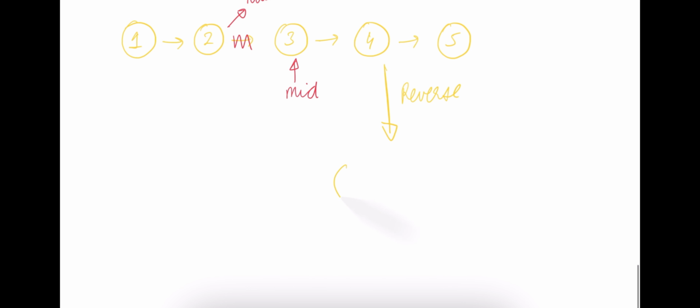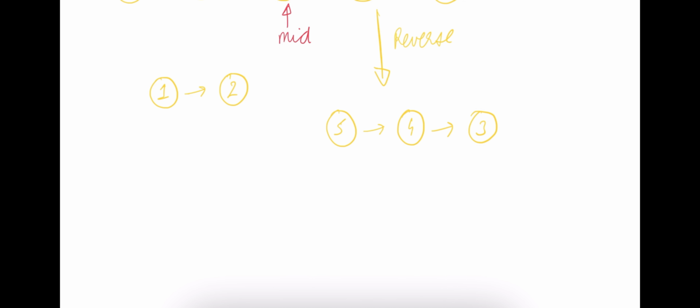What I'm going to have is node 5, 4, and 3, and my first half is going to be node 1 and node 2. Following the same step as before, node 5 is going to be merged between node 1 and 2.